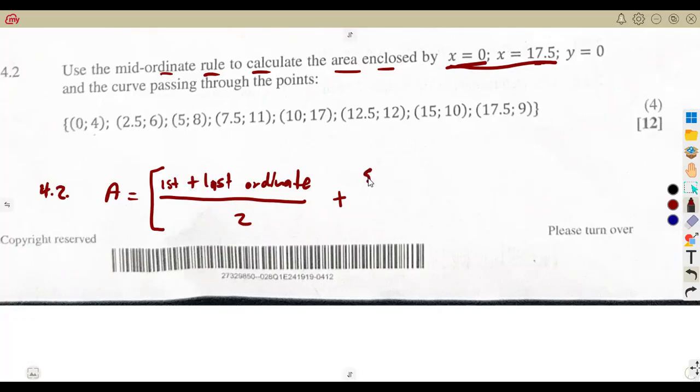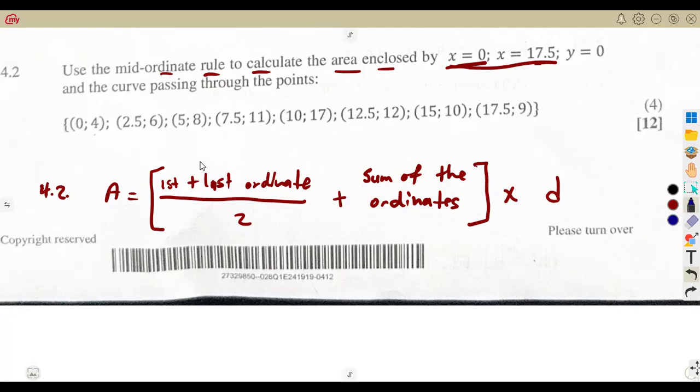These are the y values plus the sum of the other ordinates. All right. So there we are going to have the sum of the other ordinates, the remaining ones, times the distance between. I'm just going to use d, the distance between.